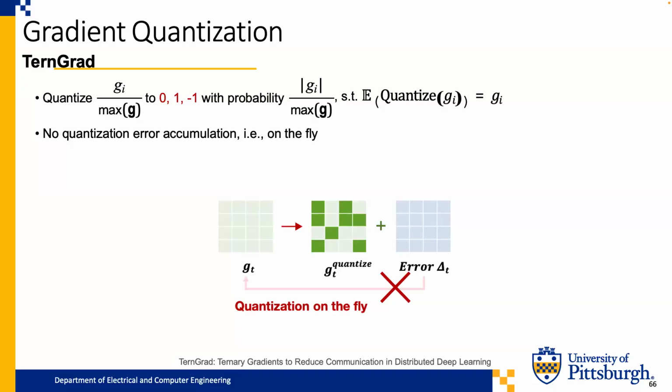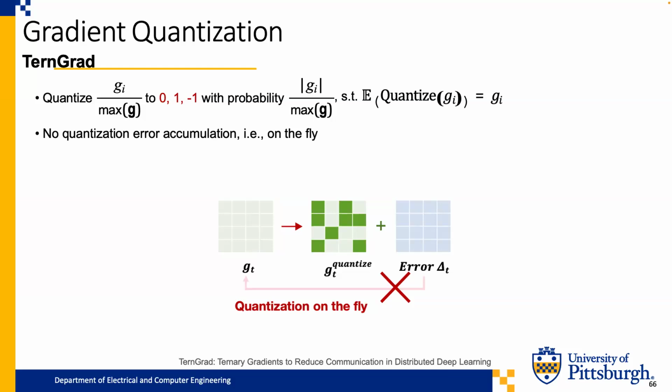So now I'm quantizing all these numbers into either 0, 9, or -9 with a probability. And what is the probability? For 1, it's 1 over 9. For this, it's 2 over 9.